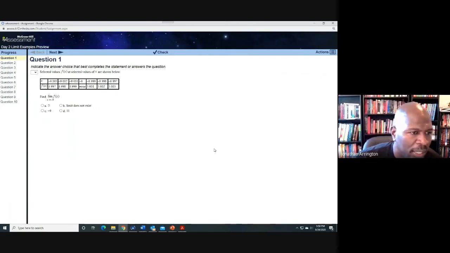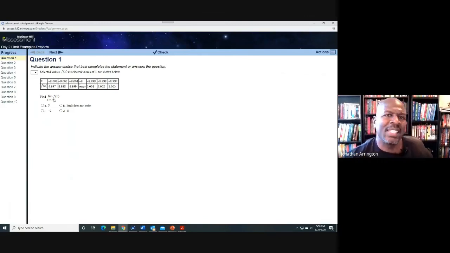So as I look as x approaches -9 from the left, so this is coming from the left, the left means less than that value. You can see here that the f of x values appear to be approaching 5. So they appear to be approaching a finite number 5.